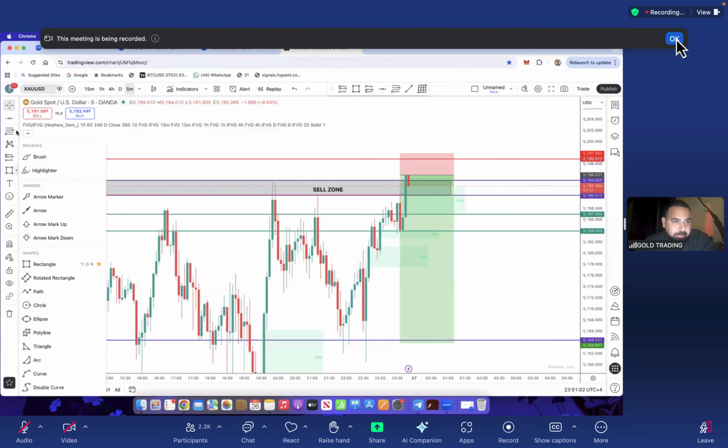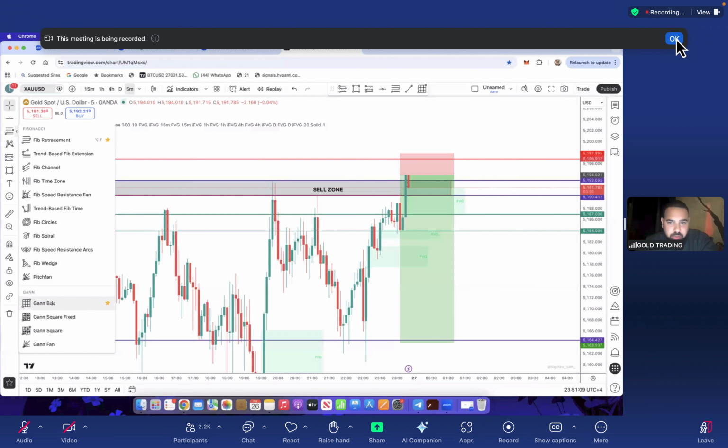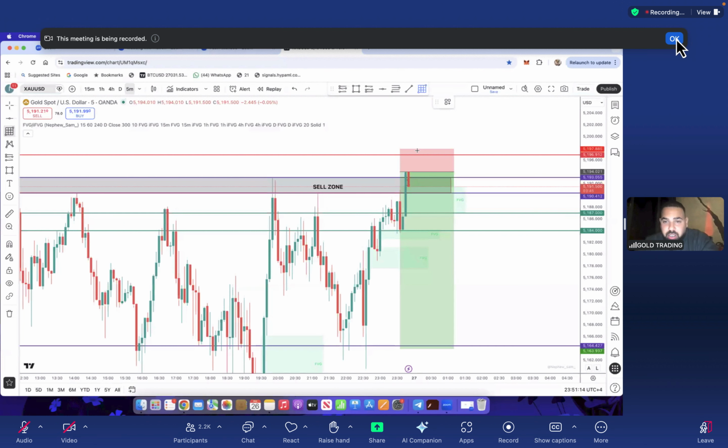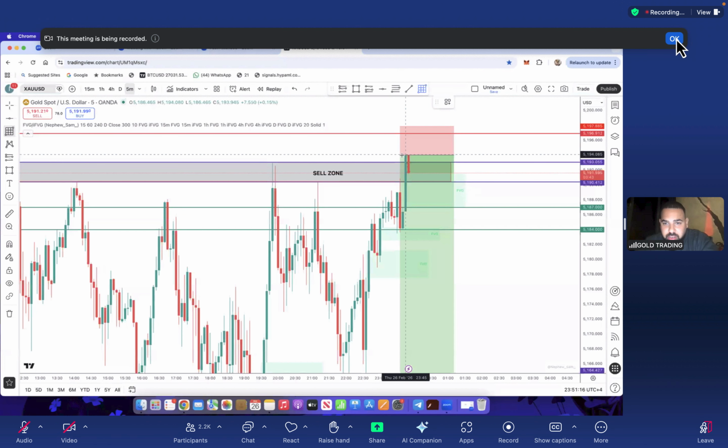Too many buttons. There we go. All right, so it's down at 91. You guys are 30 pips in profit, which is nice. Sometimes I like to see the 50% area, which is at 90 basically. Cool, I already have a line there anyway.